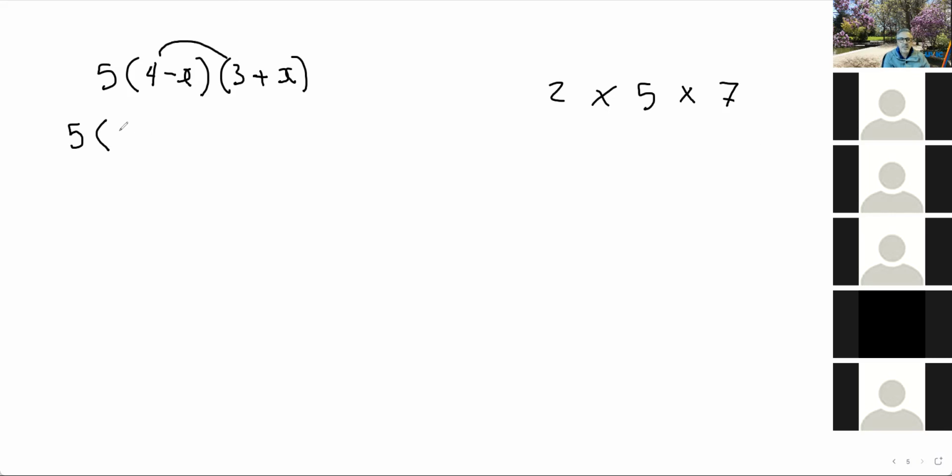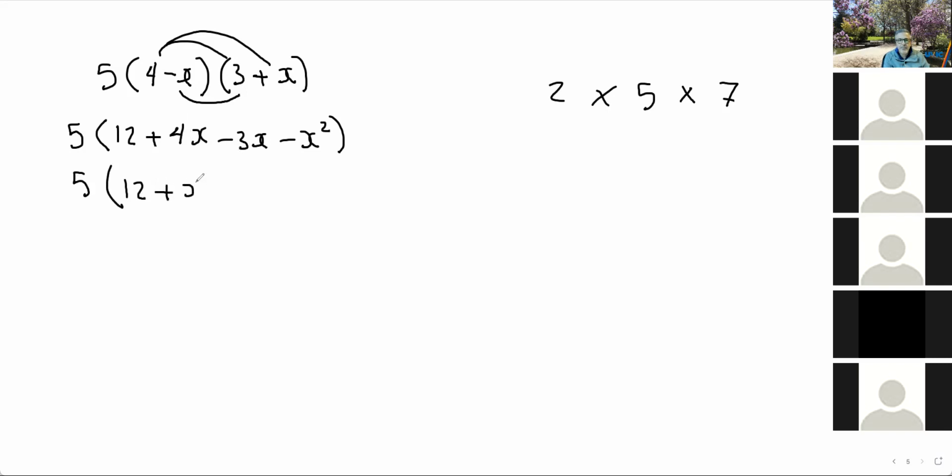So 4 times 3 is 12. 4 times x is plus 4x. Negative x times 3 is negative 3x. Negative x times x is minus x squared. Now 5, 12, collect like terms here. 4x minus 3x is plus 1x minus x squared.